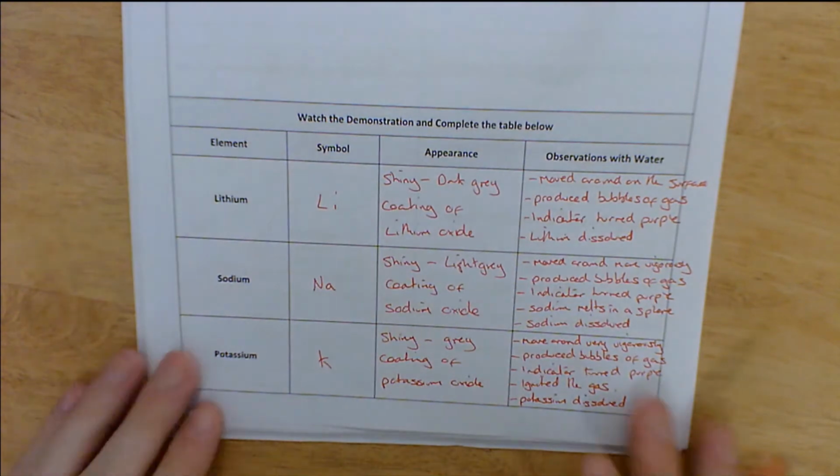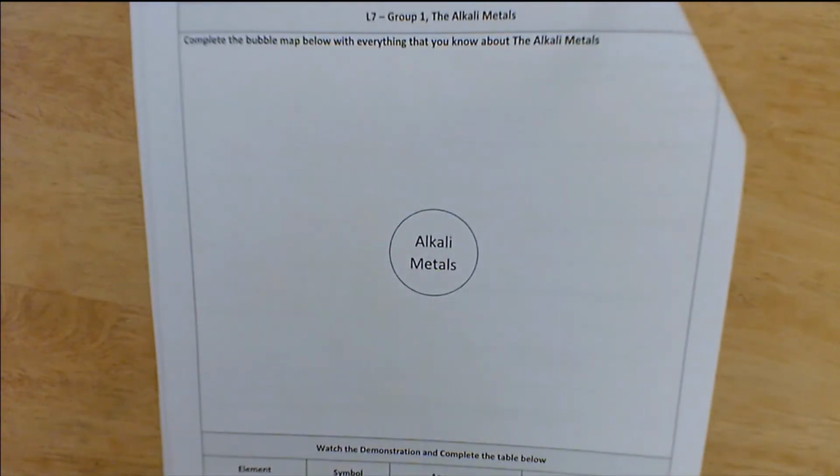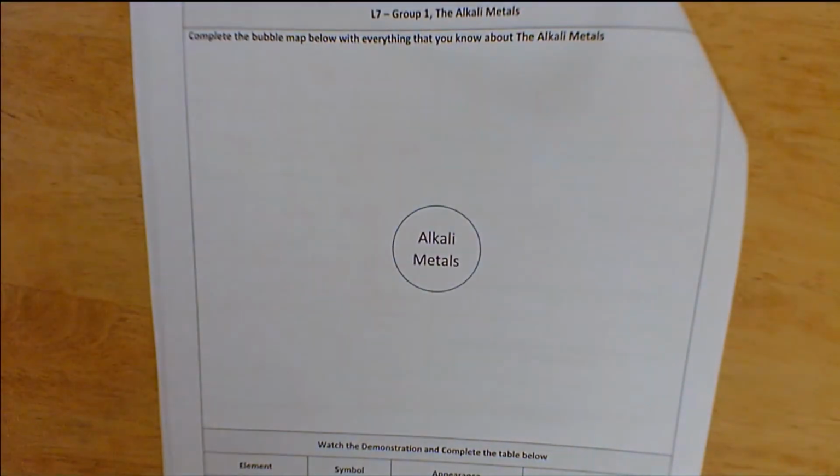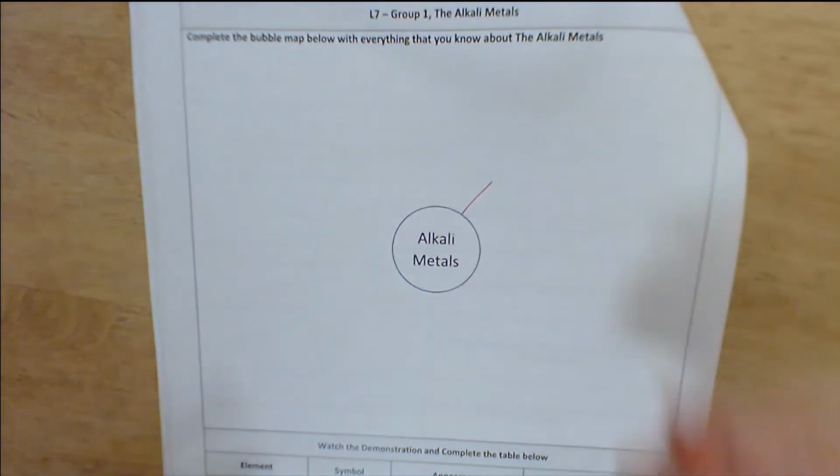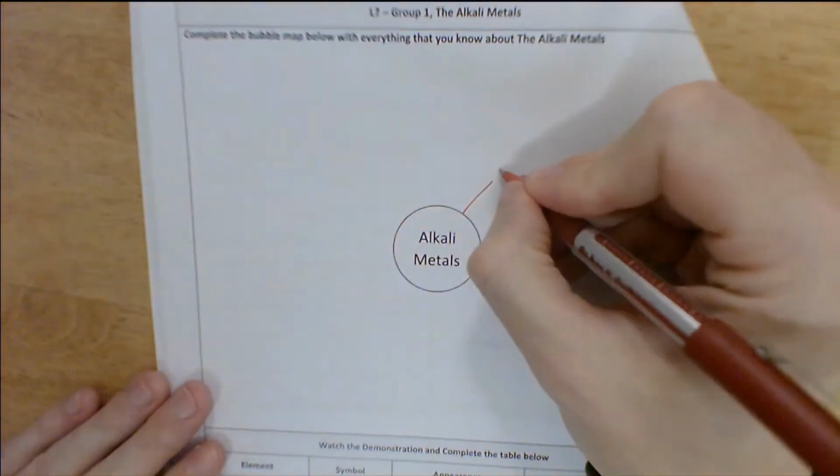Now, because we've done that, we can go back to our bubble map and start thinking about the properties that we might have thought of before and the things that we've come across in those videos. So, we should have noticed that they are very reactive.